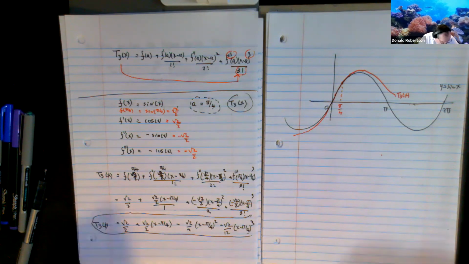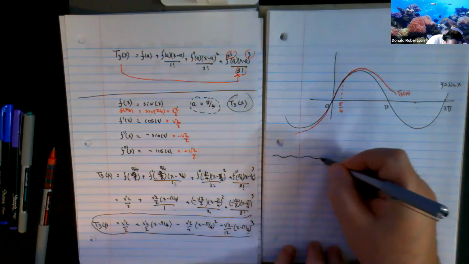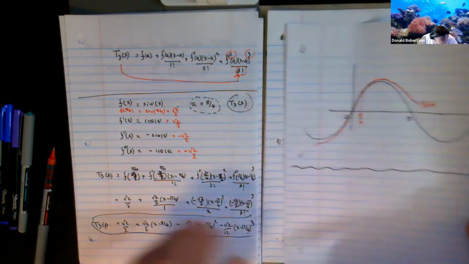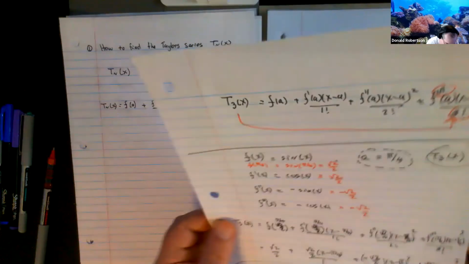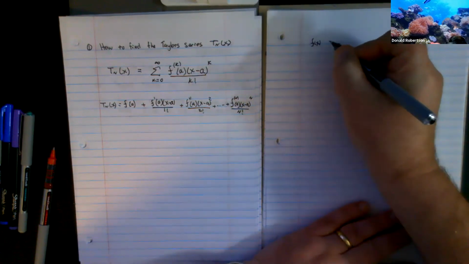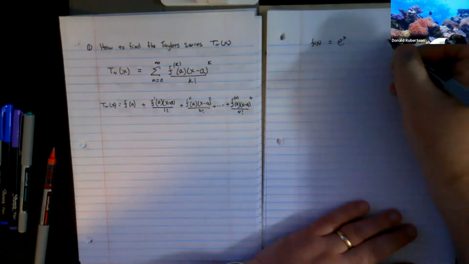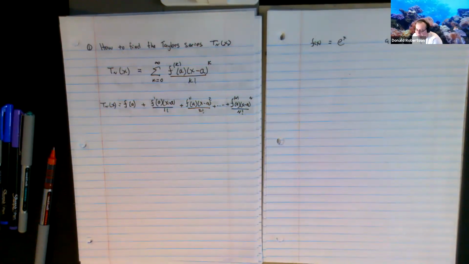Let me try another one. This one is going to be one of my favorite functions, and the reason I'm picking it is that it's dead easy to do, right? Because I just want to show you the process.